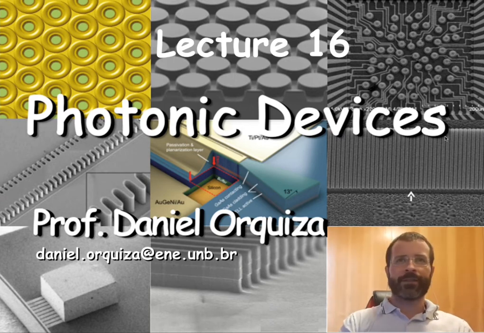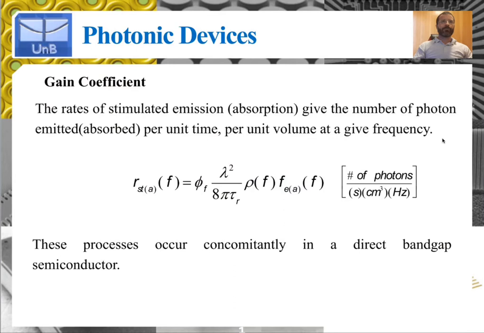So in our previous lecture we derived the expressions for the rate of stimulated emission and absorption, which give us the number of emitted or absorbed photons per unit time, per unit volume of semiconductor, per unit frequency.